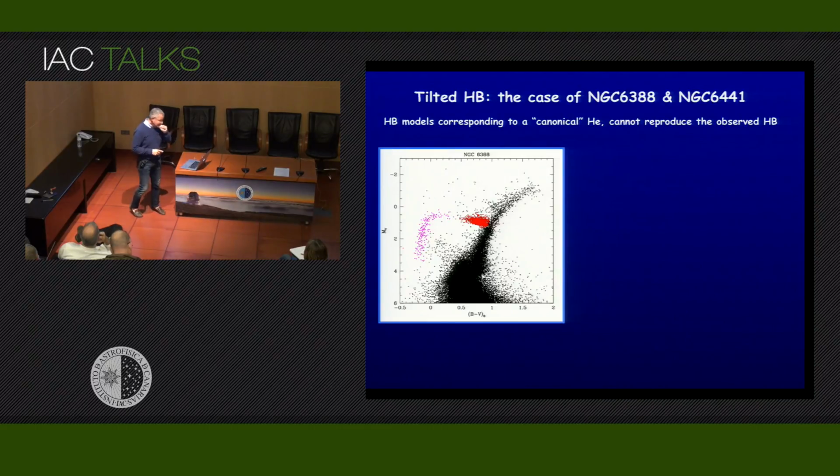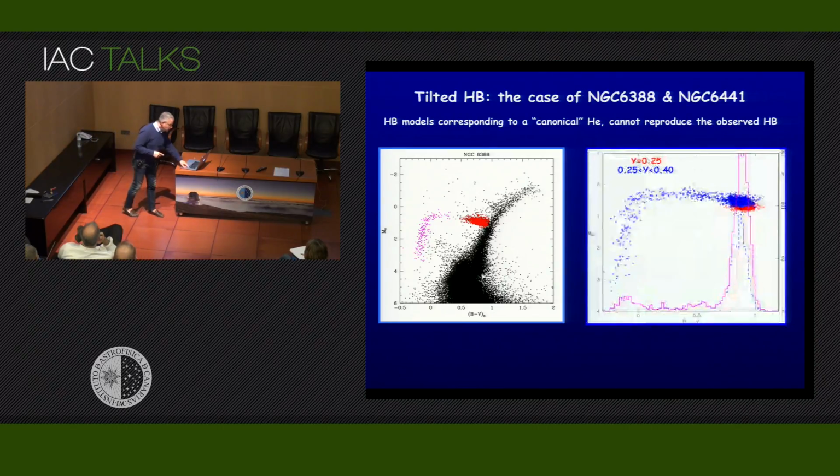Now, another peculiarity that I mentioned before, the presence of a tilted horizontal branch. You cannot explain this tilt, there is no way in the canonical evolutionary scenario. But now we can explain this, assuming that in this cluster we have the presence of two stellar components, a helium poor, helium canonical, let me say, red point here, this is the horizontal branch, synthetic horizontal branch simulation, and at the same time, a helium enhanced stellar population with some spread in the helium abundance.